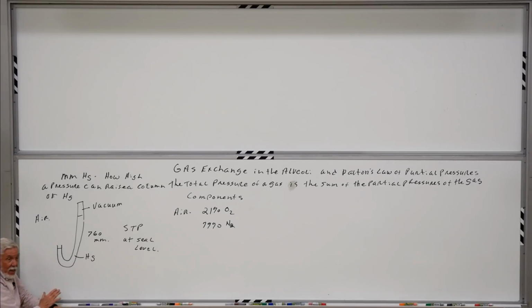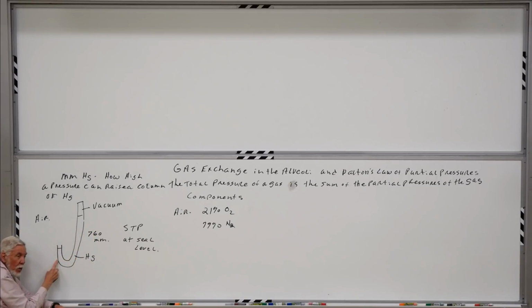That's simply saying that we have a mass of air when we're standing on the beach in Seattle, and we have a column of air above us that has sufficient mass to force a column of mercury up 760 millimeters.